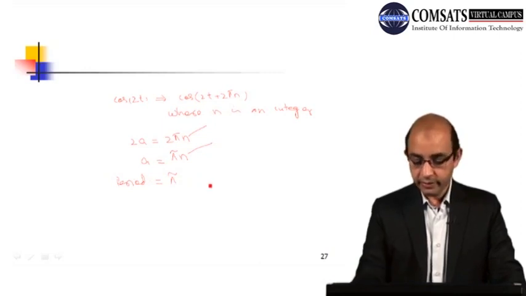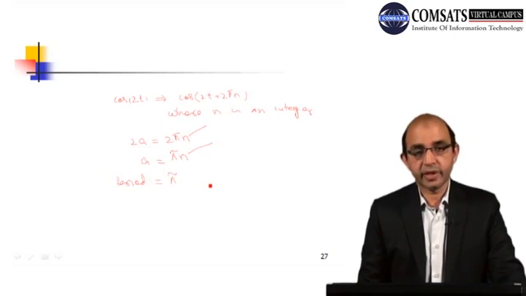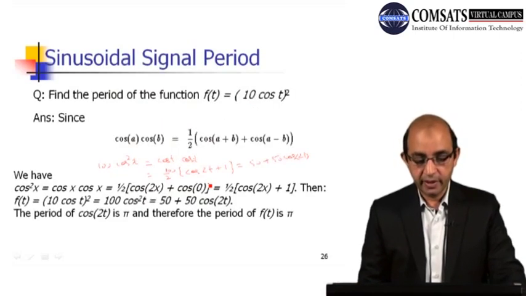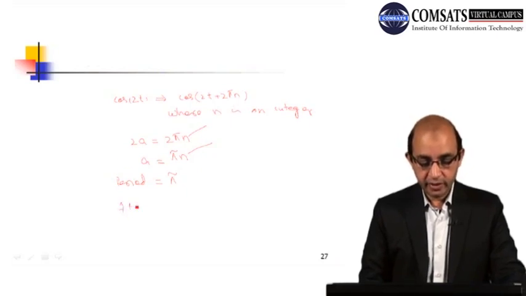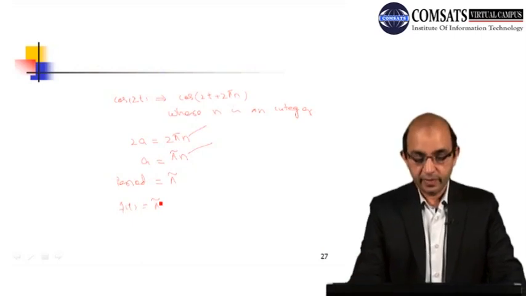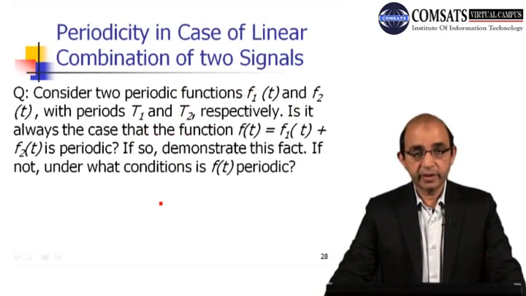So as a result of this cosinusoid, the period of the signal f of t will be pi, right? So that is the way of finding the period of a sinusoidal signal.